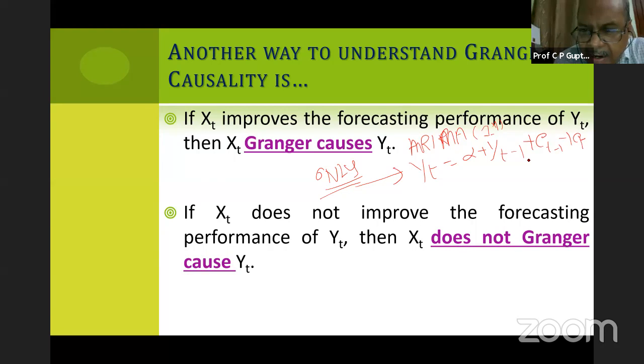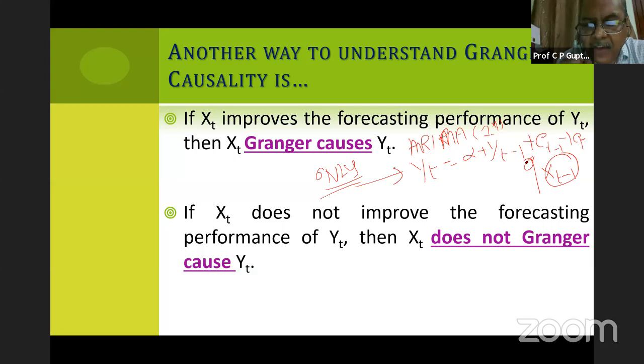If I add into it X_{t-1}, for example, does the inclusion of the X series in my predicting model improve the prediction of Y_t? If you say yes, it improves, that means X is Granger causing Y. Please understand that.